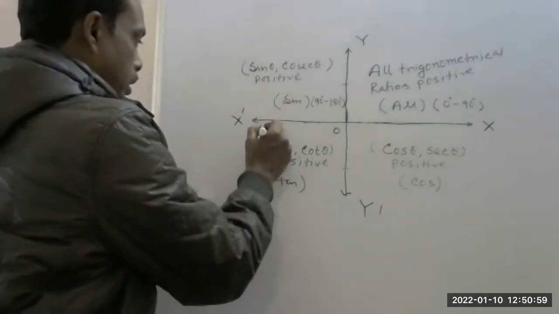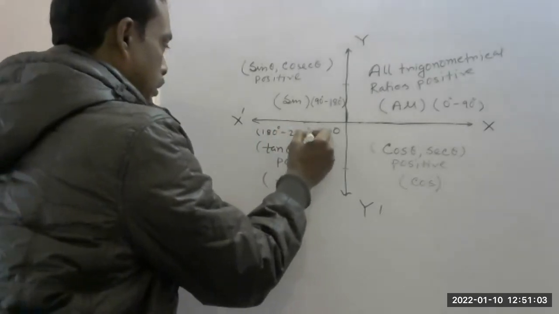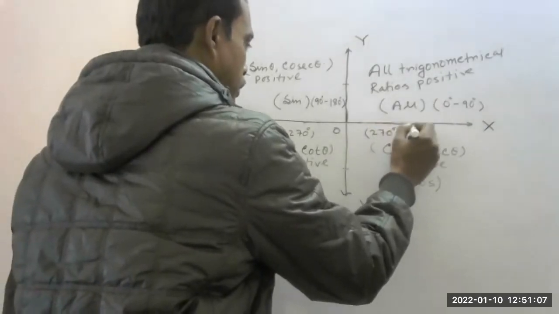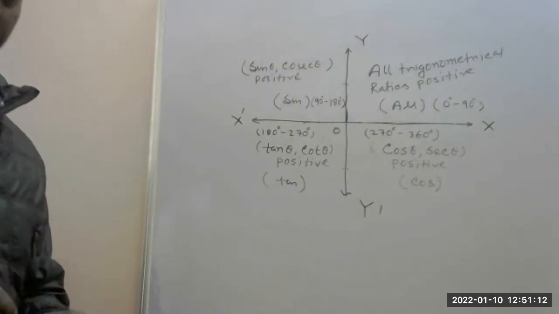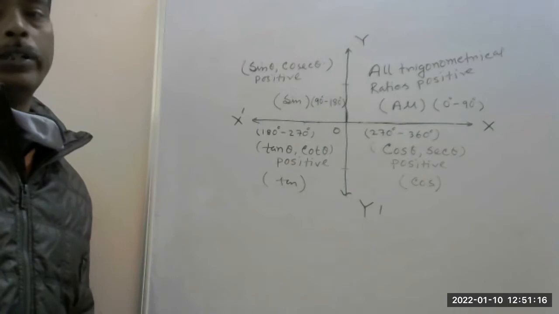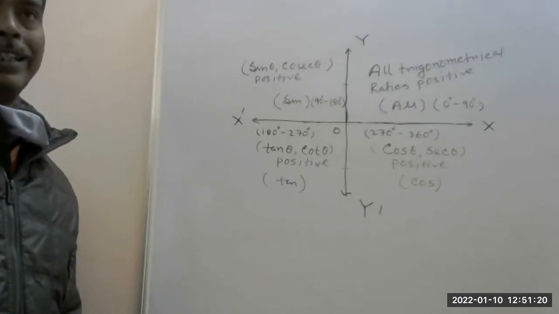In the third quadrant, it is 180 degree to 270 degree. And in the fourth quadrant, it is 270 degree to 360 degree. These are the angle measured for first quadrant, second quadrant, third quadrant, fourth quadrant. Right? Here all of the quadrants are taken as 90 degree.